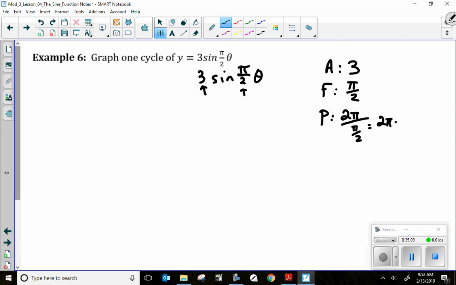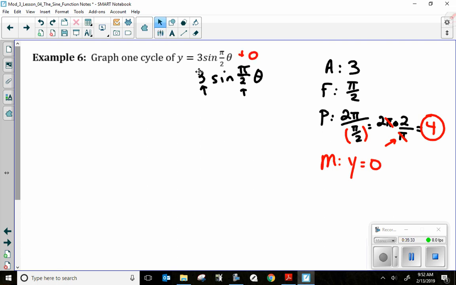Well, that's the same thing as saying 2 pi times 2 over pi. If I divide by a fraction, it's like multiplying by the reciprocal of it. The pi's cancel. 2 times 2 is 4. The length of one cycle is 4. There is no change in the midline. That's still y equals 0, because it's like plus 0 back here.